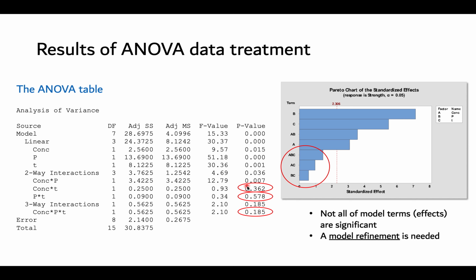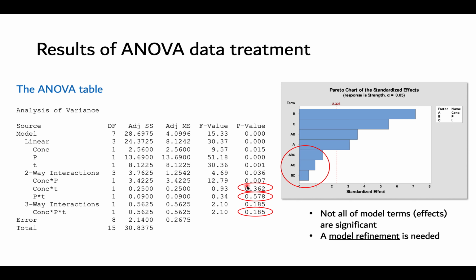Similarly, for the three-way interaction concentration pressure time, the p-value is also more than 0.05. So those effects with p-value of more than 0.05 do not significantly affect the model.